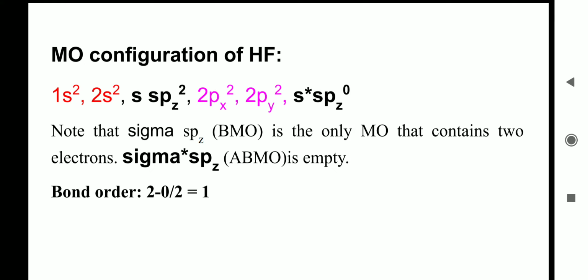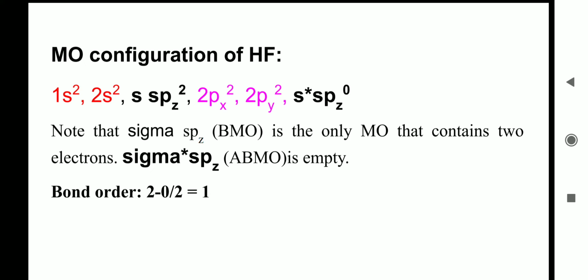These are the lone pairs present exclusively on the fluorine atom. So these two orbitals have also not participated in bond formation, followed by sigma star s-pz, the anti-bonding molecular orbital, which is vacant.